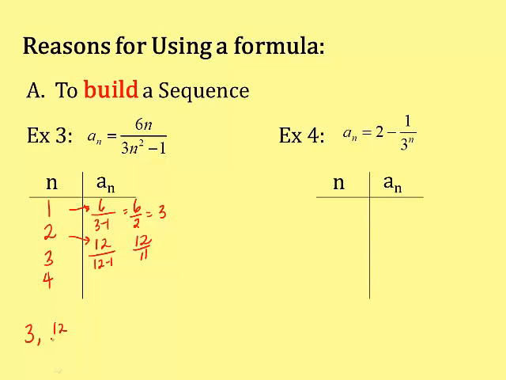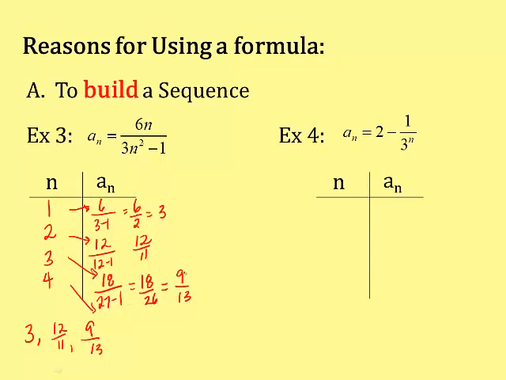Leave it as a fraction, please, reduced. Alright, let's try 3. 6 times 3 is 18 over 3 squared is 9 times 3 is 27 minus 1, so this is 18 over 26. This does reduce, so you should reduce it, 9 over 13.